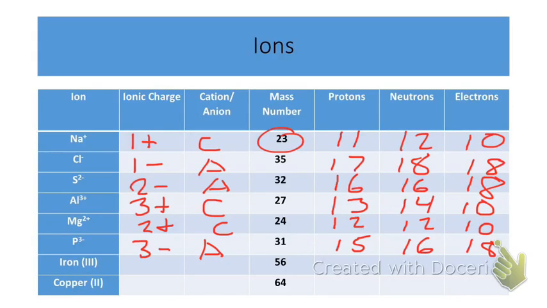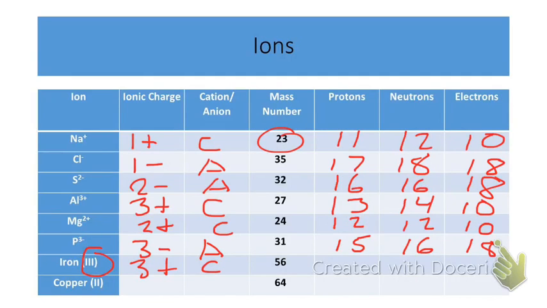And so since iron is a metal, it must be a cation. So it's going to lose 3 electrons to form a 3 positive charge, indicated by the Roman numeral 3. Again, the 3 in the Roman numeral stands for 3 electrons that have been lost. Right? It will be a cation.